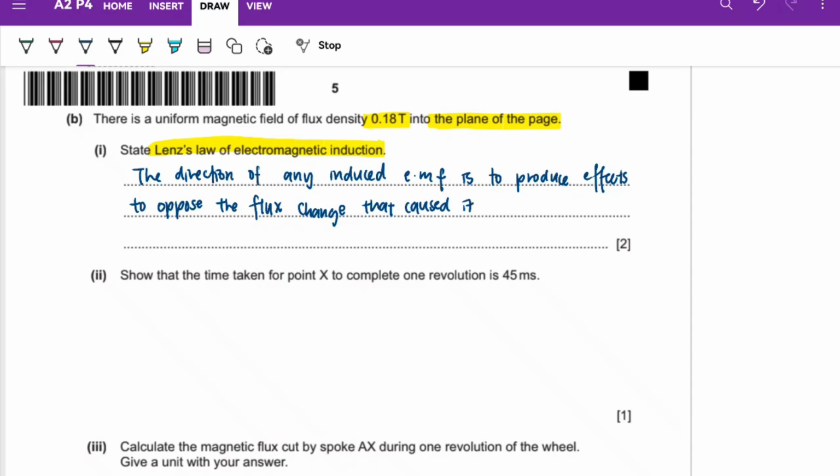Important keywords, make sure you have the word change, induced EMF, and oppose.